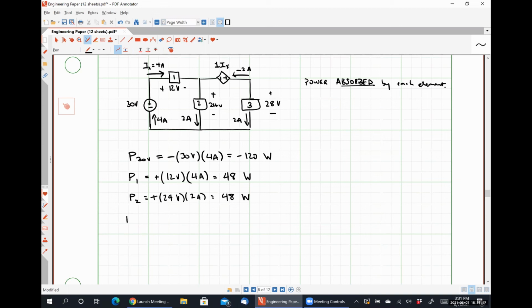Now let's look at our dependent source, which is going to be a little bit more tricky, okay? What is the voltage drop across my dependent source?